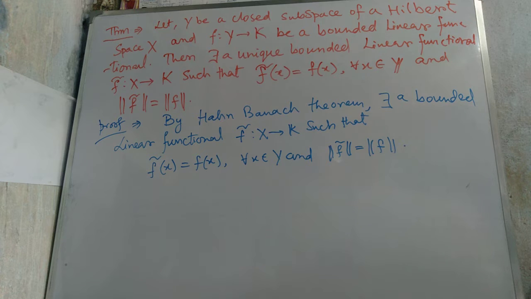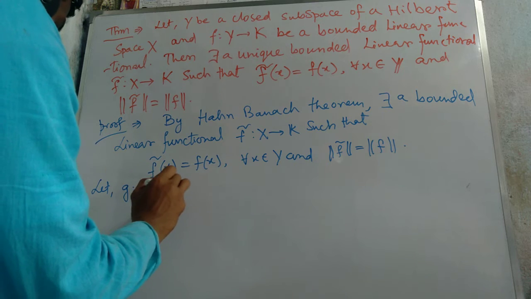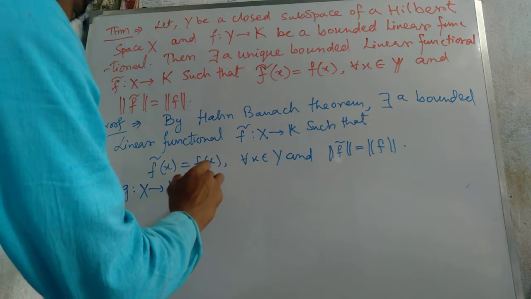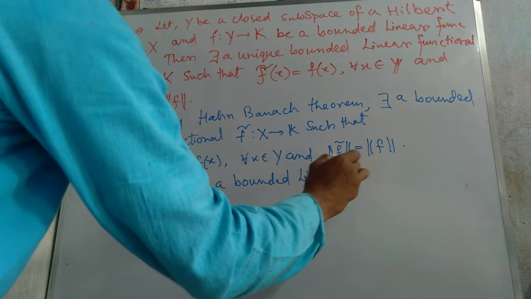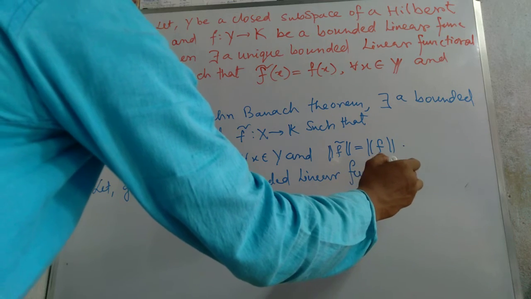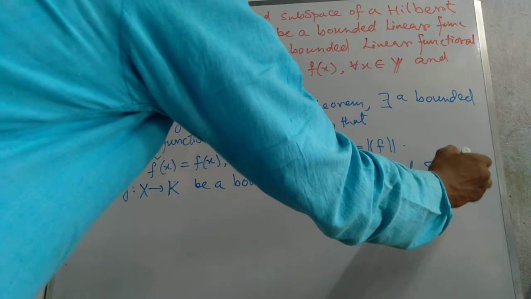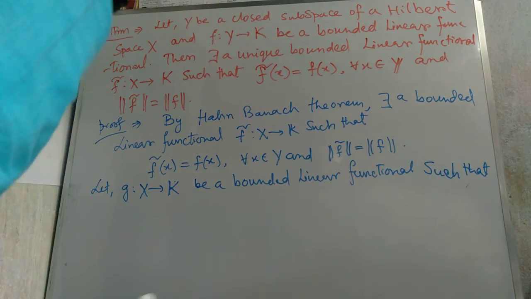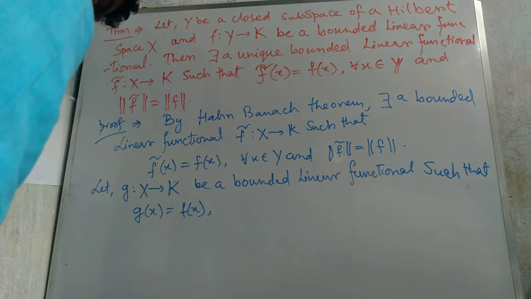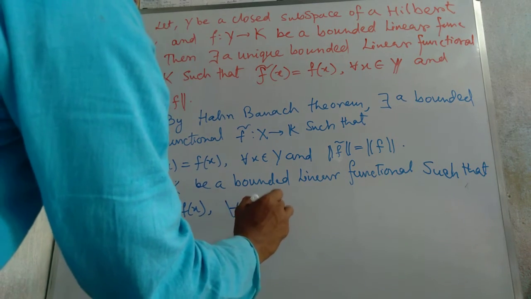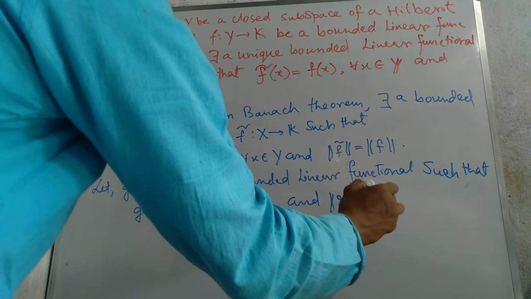Okay, now let g: X to K be a bounded linear functional such that g(x) equal to f(x) for all x belongs to Y, and norm of g equal to norm of f.